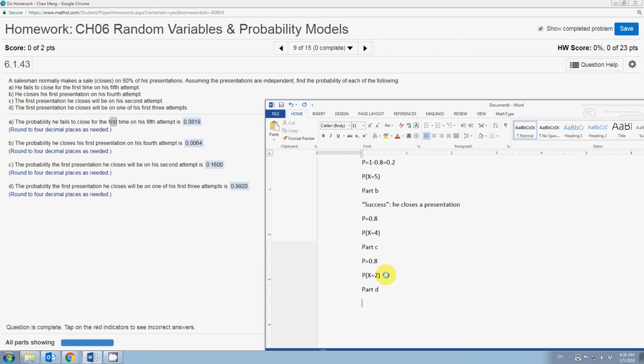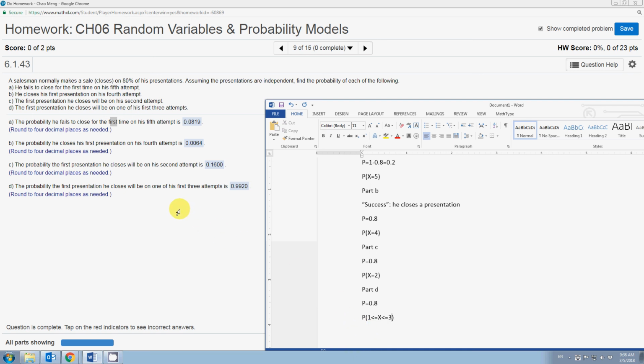Let's do part D. What's the probability that his first presentation he closes will be on one of his first 3 attempts? Still, the probability of success is equal to 0.8 because we are interested in seeing he closes a deal. Then the number of attempts is between 1 and 3.